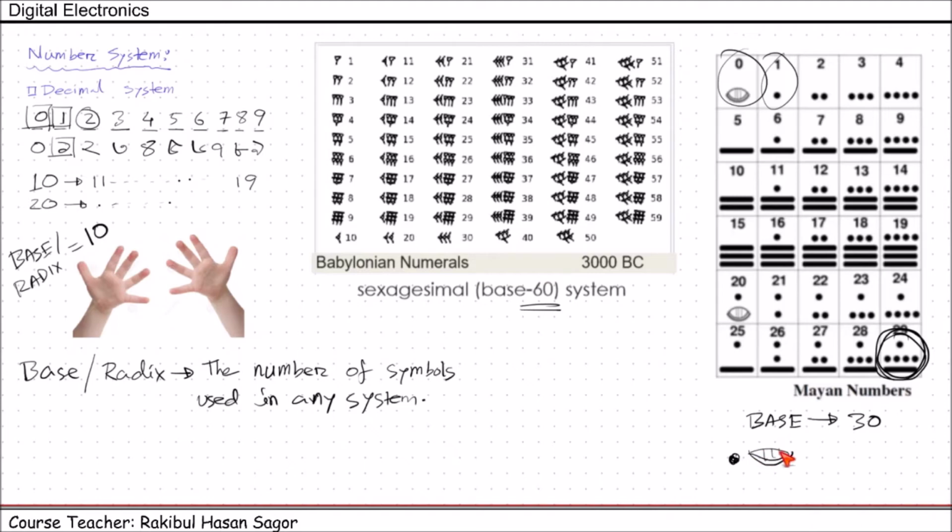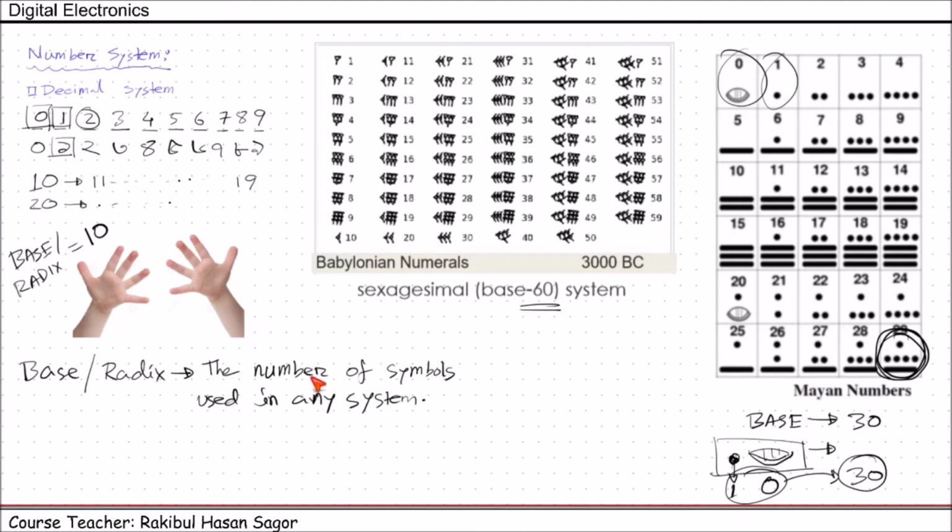I think it's quite similar to this, and this represents 1 0. If I convert the symbols to our decimal system, this represents 1 and this represents 0. The equivalent value of this number in our decimal system, after 29, is 30. So this will be the 30 equivalent value in decimal.